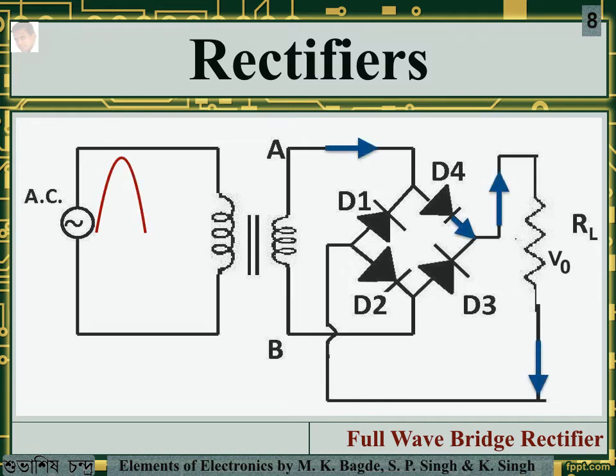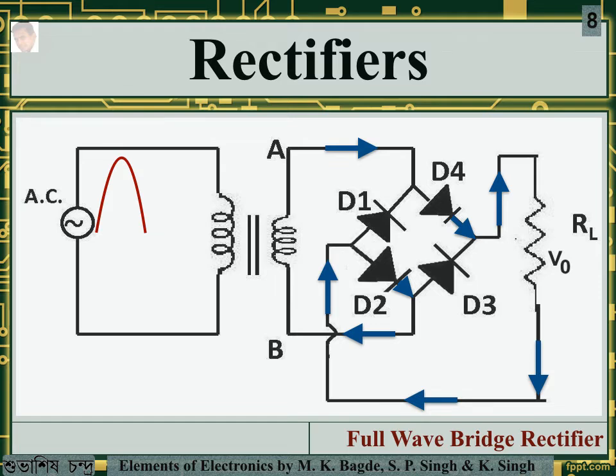In the positive going cycle, the current flows from A to D4 to RL to D2 and to B. The diodes D1 and D3 in this case remain reverse biased and no current flows through them.